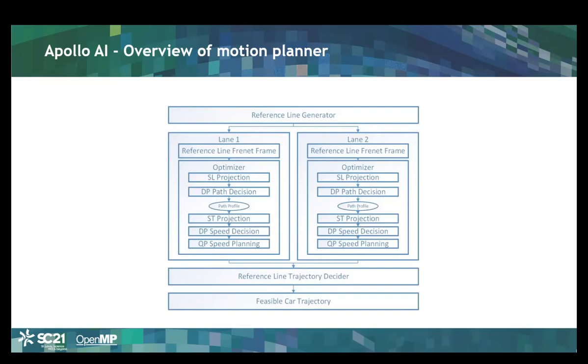There's a path decision and a speed decision made for that lane. The different lanes are then passed on to the reference line trajectory decider. And once a trajectory has been decided, this is passed to a physical car directly generated and passed on to vehicle control.